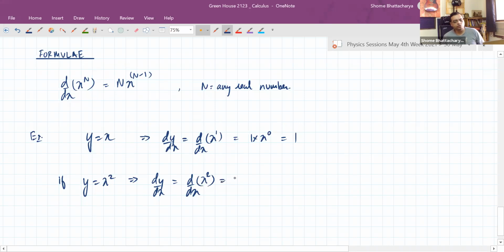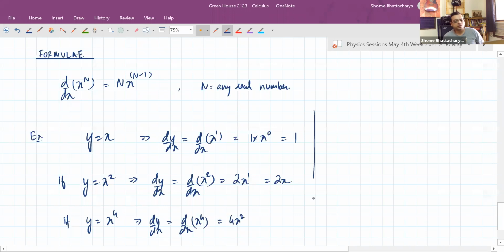So n becomes 2 over here. So it becomes 2 into x to the power 1, that is 2x. If y is equal to x to the power 4, then this becomes similarly 4x cubed.